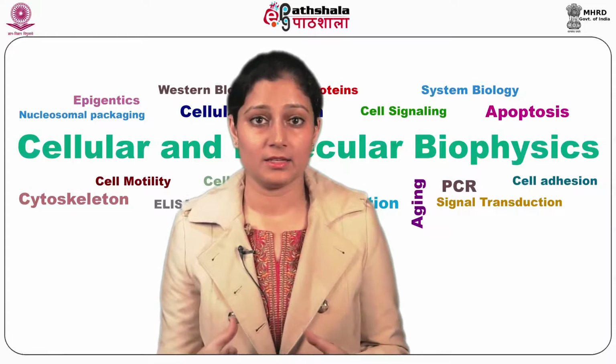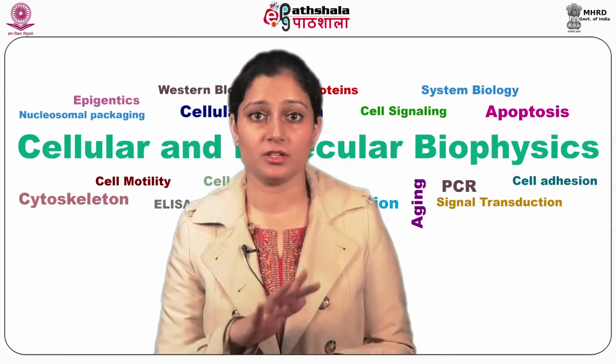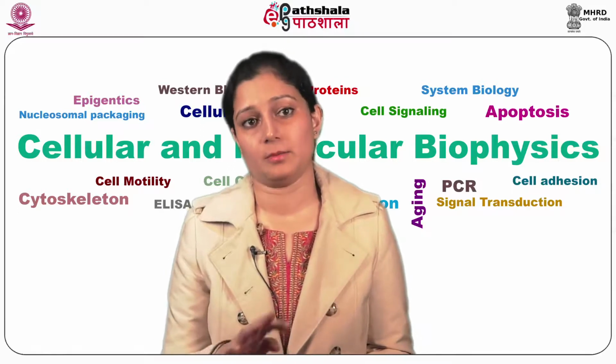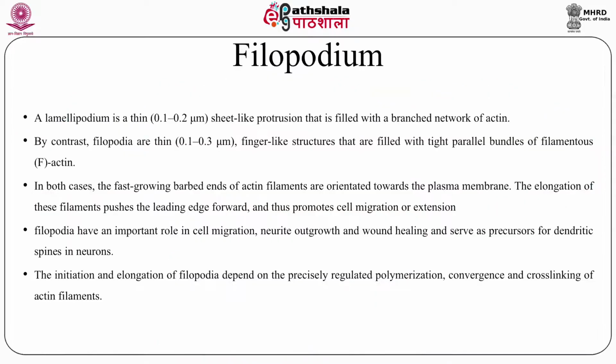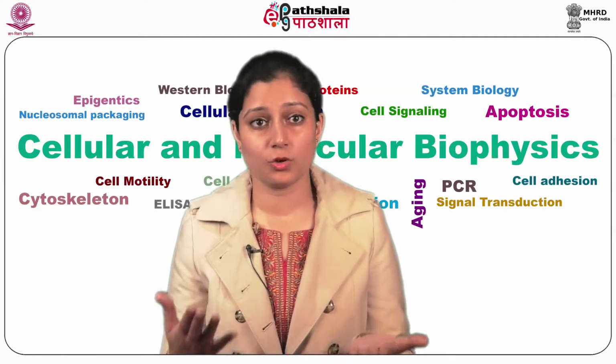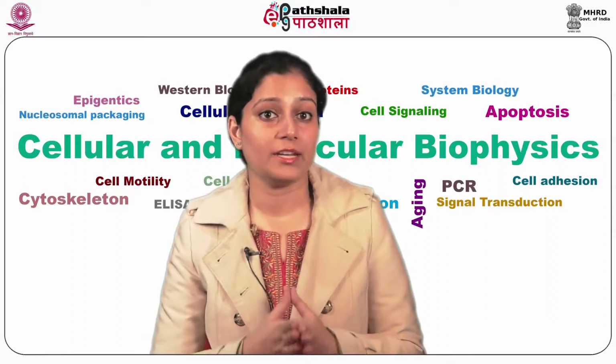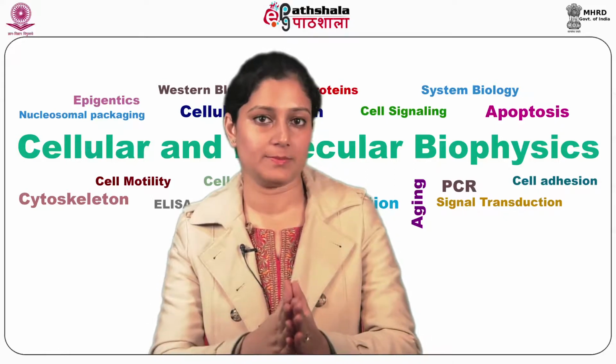Lamellipodia is a thin sheet-like protrusion that is filled with a branched network of actin filaments. By contrast, filopodia are thin finger-like projections that are filled with tight parallel bundles of filamentous F-actin. In both cases, the fast-growing barbed ends of actin filaments are orientated towards the plasma membrane.